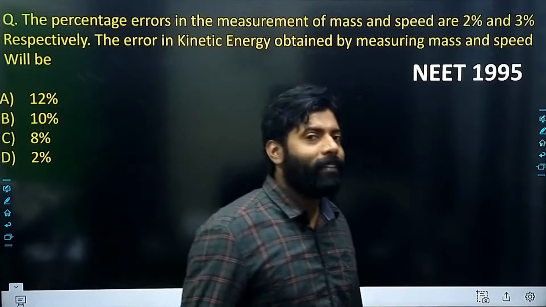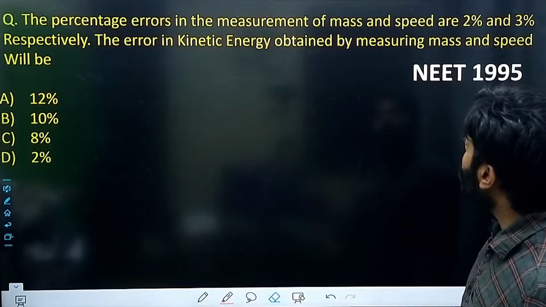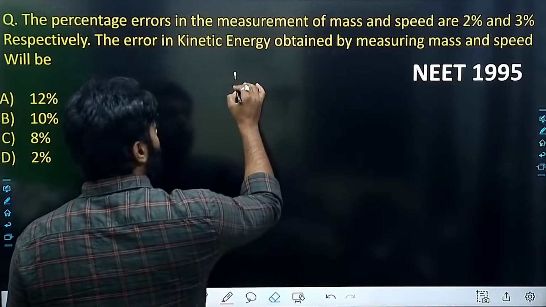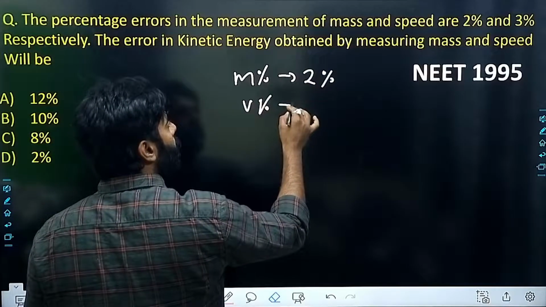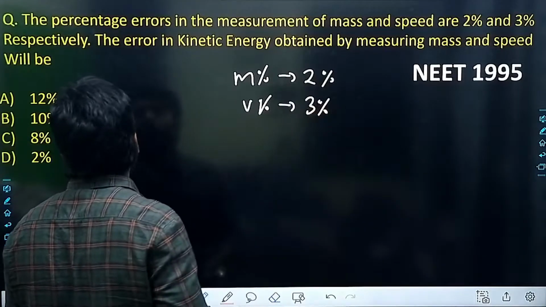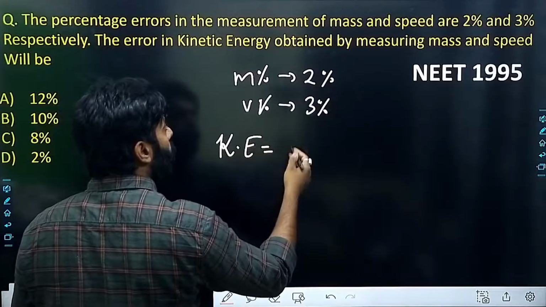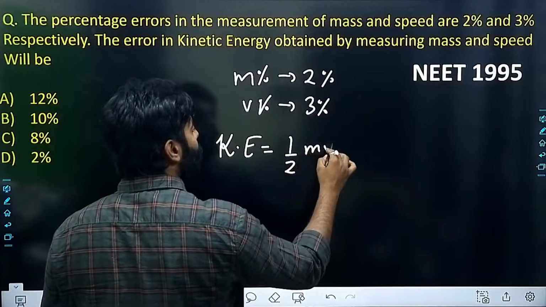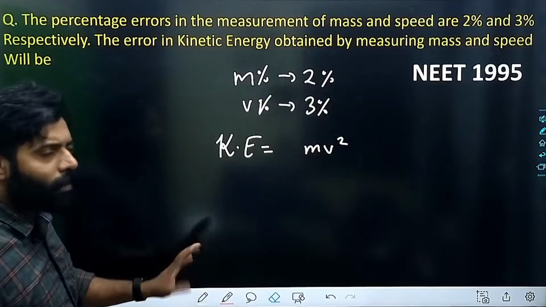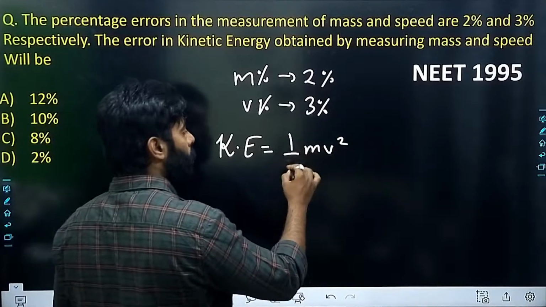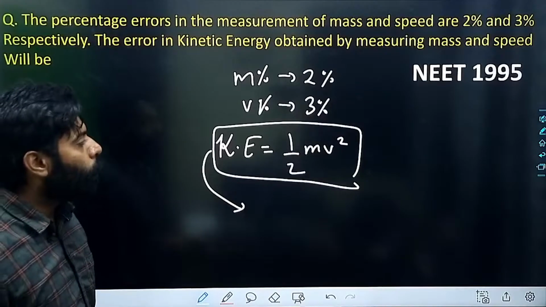So here you need to calculate the percentage error in the measurement of mass and speed. Okay, so the percentage error in mass is given as 2%. Percentage error in velocity is given as 3% respectively. They want to find out the error in kinetic energy, half mv square. And whenever we are solving an error question, we do not take numbers, and we have to find out the complete error in the measurement of kinetic energy.